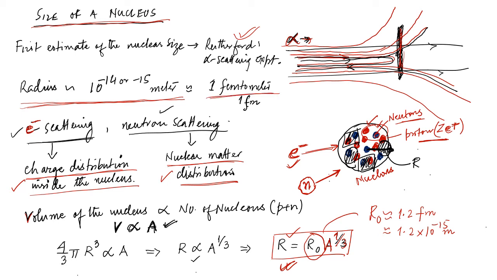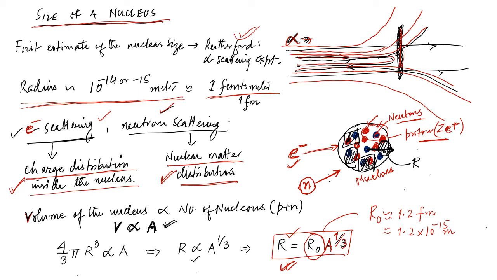Then, using the electron scattering experiment and the neutron scattering experiment, the charge distribution and the matter distribution were calculated.